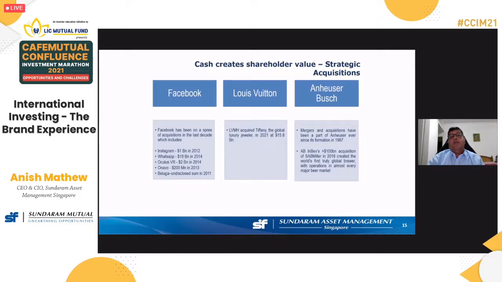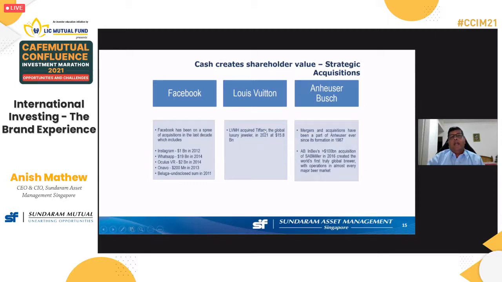Now Instagram has over 1 billion users and generates $20 billion annually in revenue. Similarly, they paid a whopping $19 billion in 2014 for WhatsApp, when it was loss-making and had only 500 million users. Now WhatsApp has over 2 billion users.